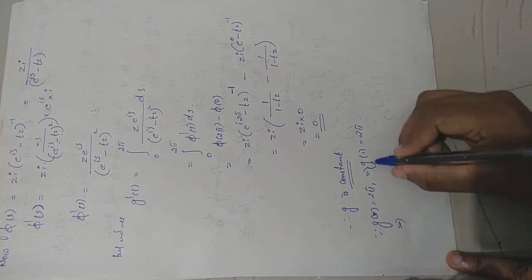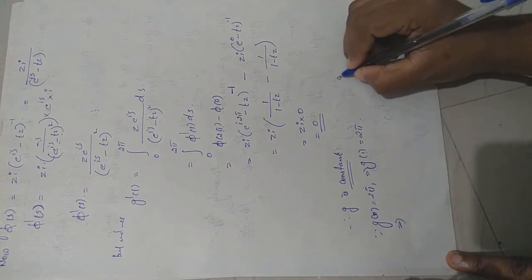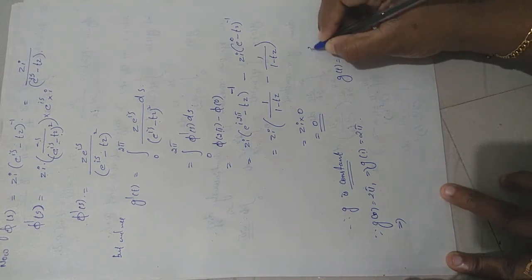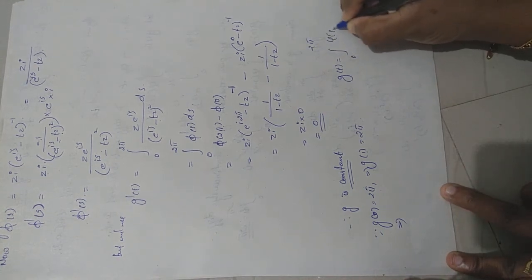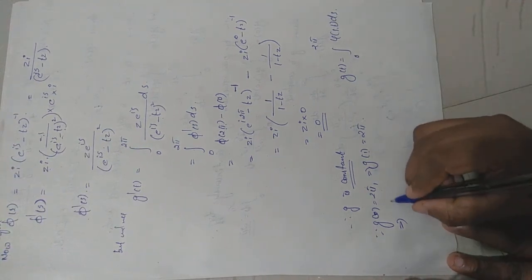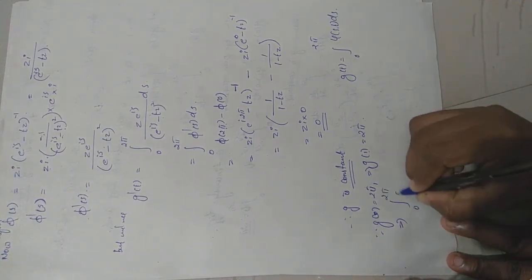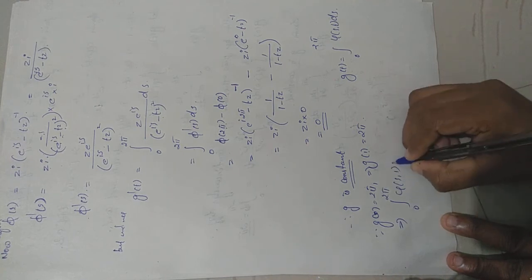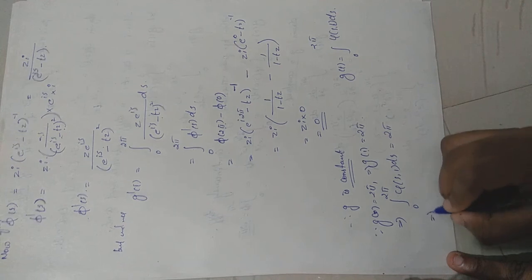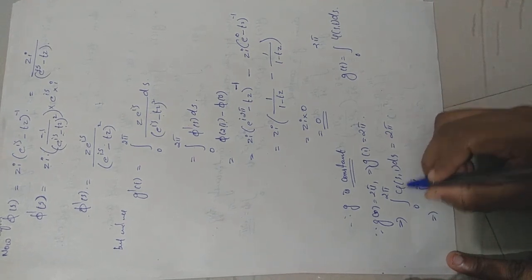What is g of 1? g of t is defined by the integral 0 to 2 pi of psi of s comma t ds. So g of 1 will be the integral 0 to 2 pi of psi of s comma 1 ds, equal to 2 pi. What is psi of s comma 1?